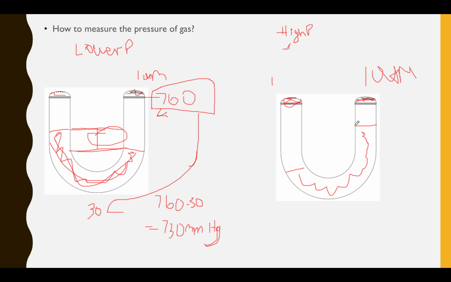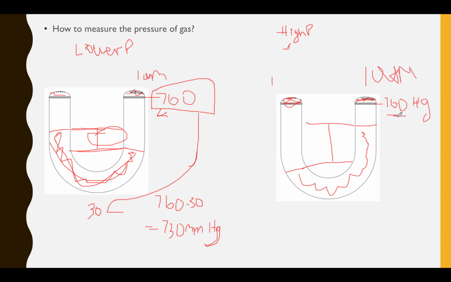In order to measure the pressure of gas with the higher pressure system, we do the same exact concept: bringing these two over and finding the distance of these two. For this example, remember this is 760 millimeters of mercury, which is our atmospheric pressure.